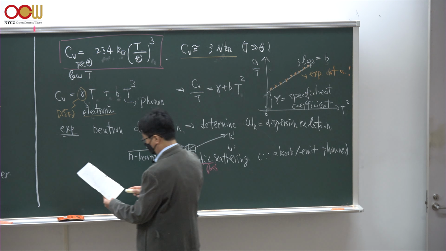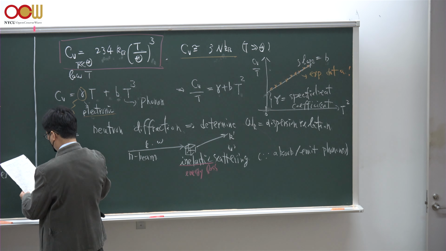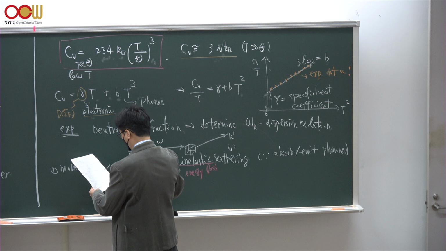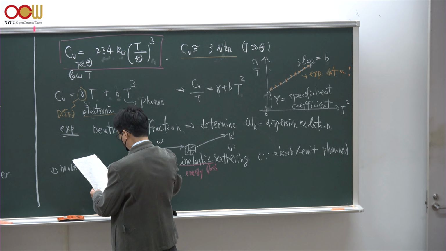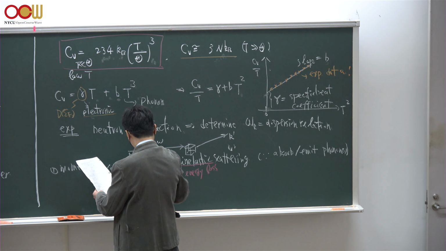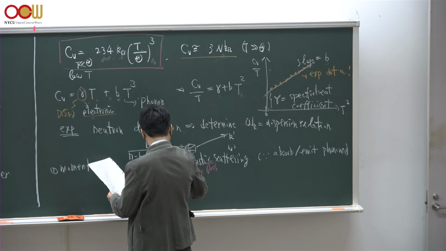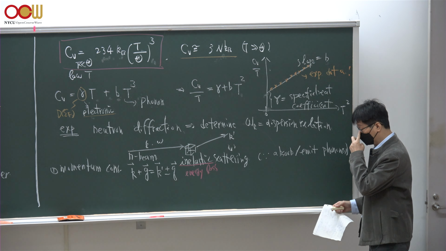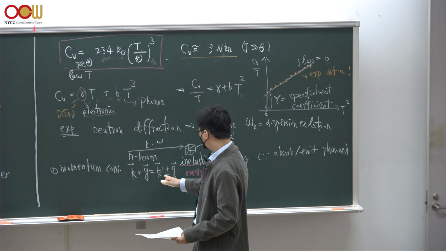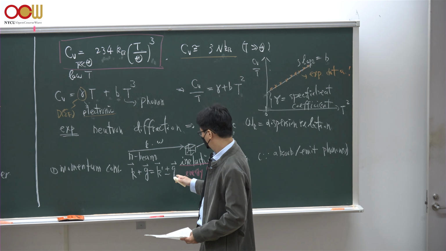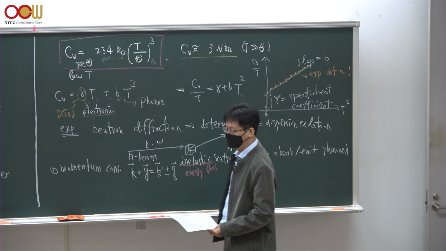And we could take advantage of momentum conservation, and this tells us that K plus a reciprocal lattice vector G is going to be K prime plus or minus a phonon momentum q. Right? So you could either absorb or emit a phonon, but you conserve the momentum.